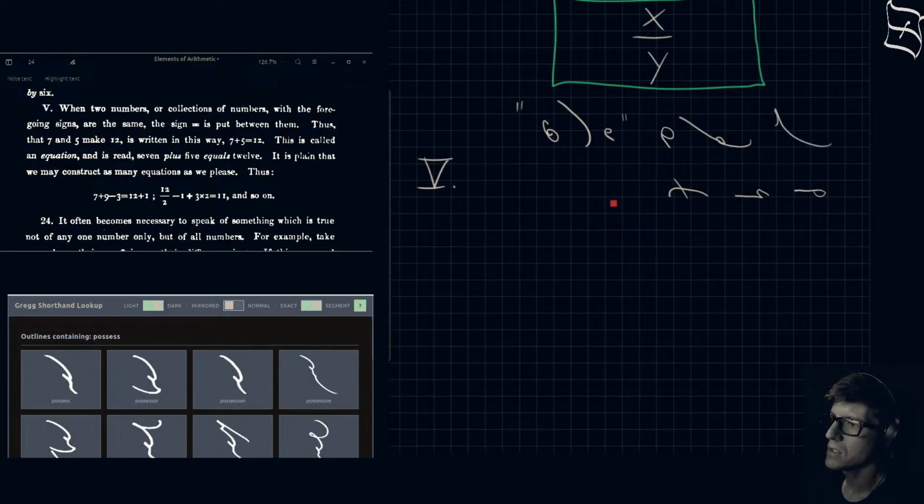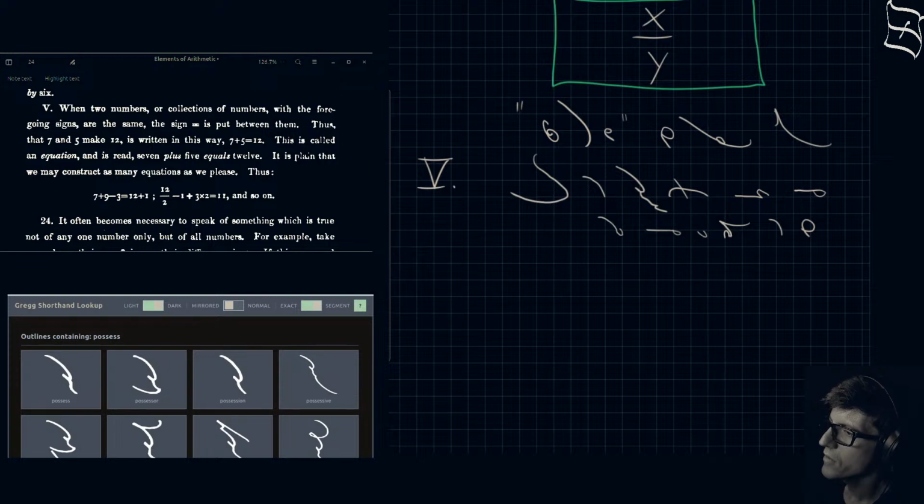So "possesses" goes here. When one quantity possesses the same value as the result of any of the foregoing, and he uses a good word, foregoing.